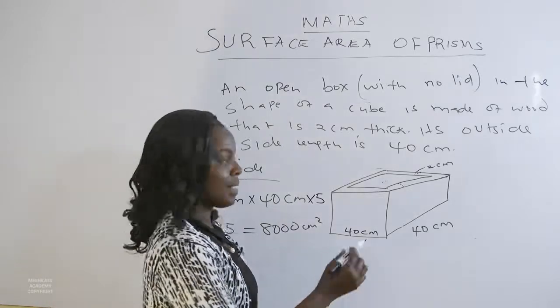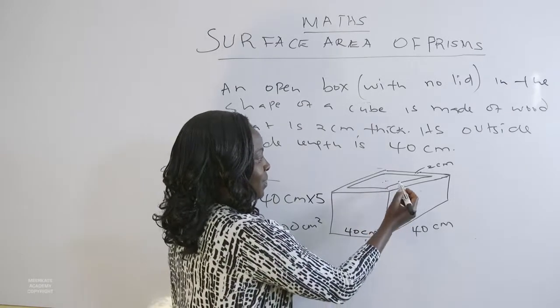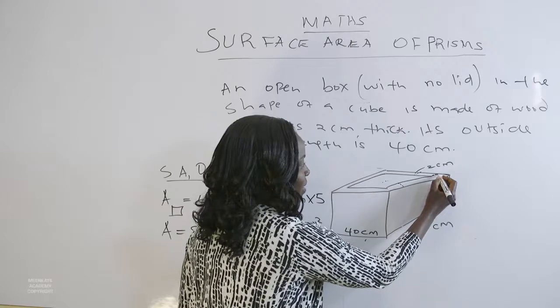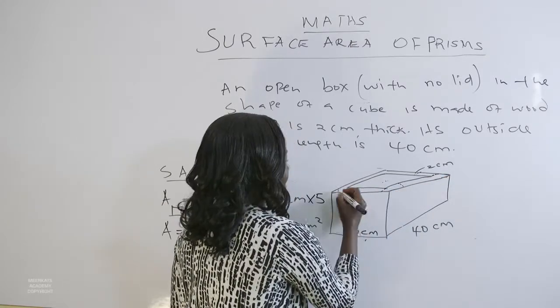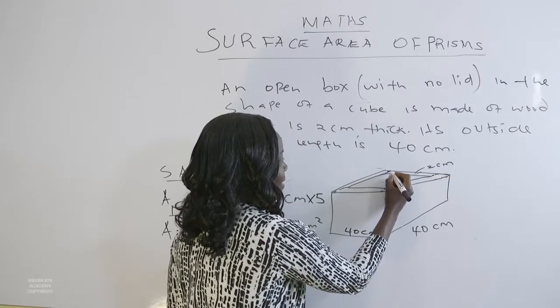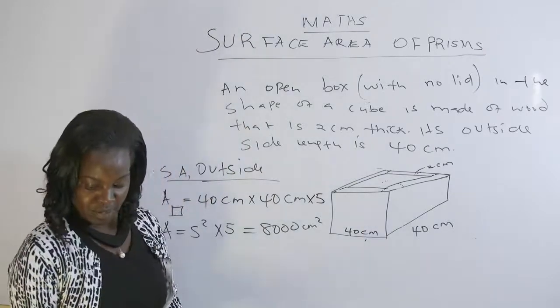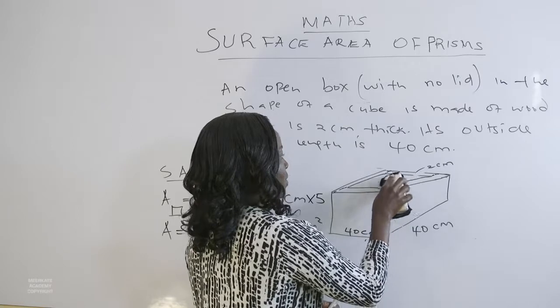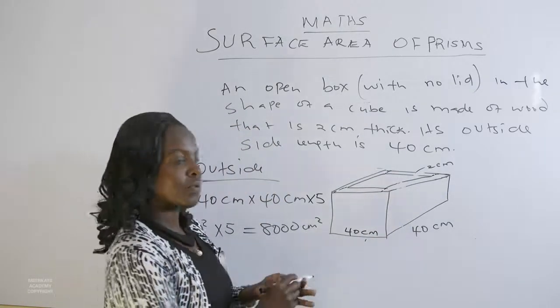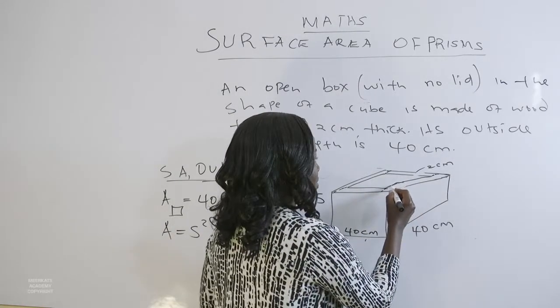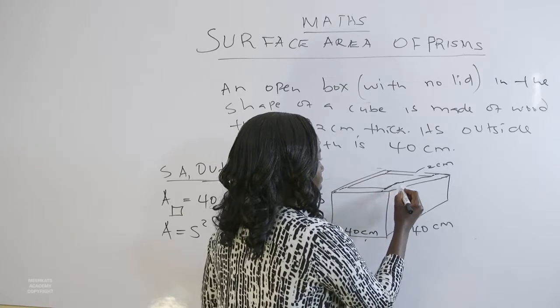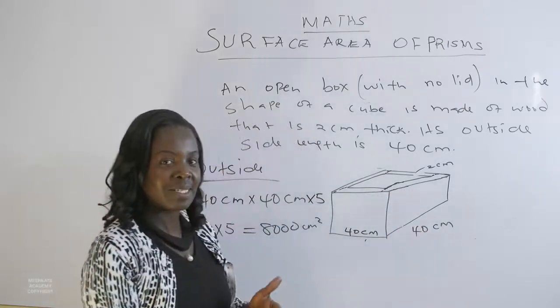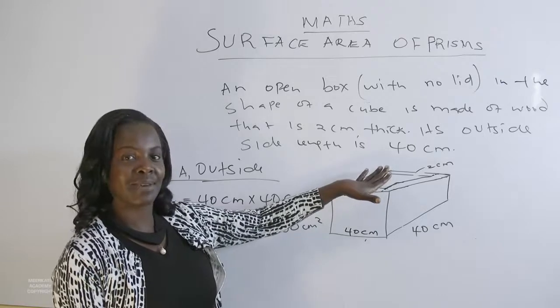Let us connect with the dots. If we connect here, then connect here and here, you realize that we'll have 4 small rectangles at the top.